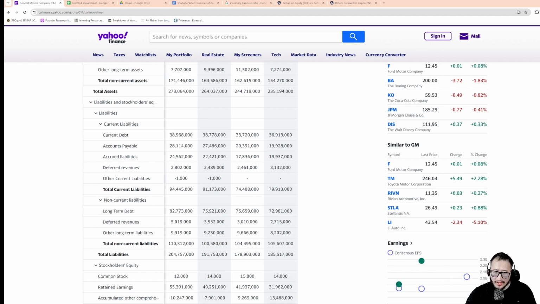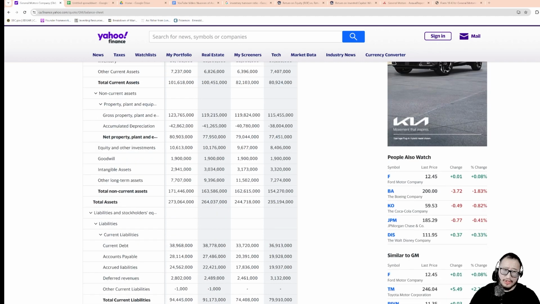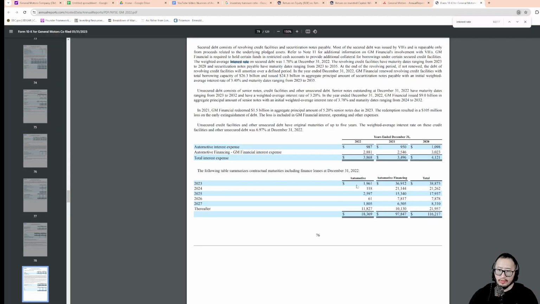So the company isn't going to run into a situation where they have a ton of short long-term debt that becomes due in 1 year and maybe they can't afford it, or maybe the interest rates go up and they can't refinance that debt. Now, generally, you can find out all of that information on the long-term debt of the company just by looking at the annual report. So here I have General Motors' annual report over here, and it tells me generally when the debt is due as well as the interest rates for all of their debt.